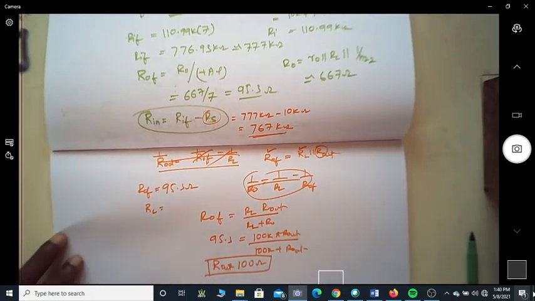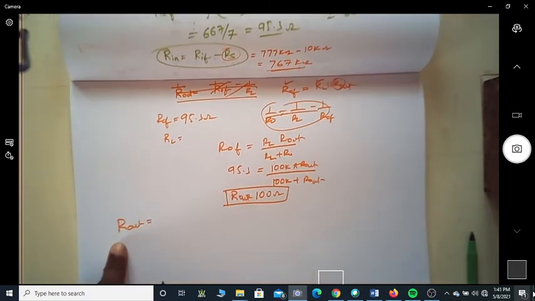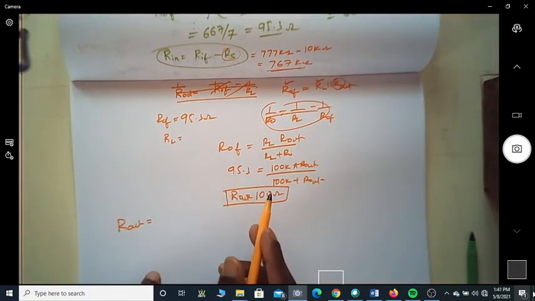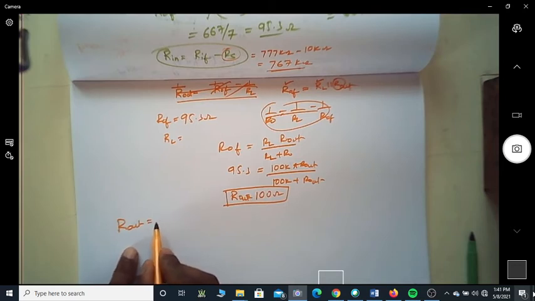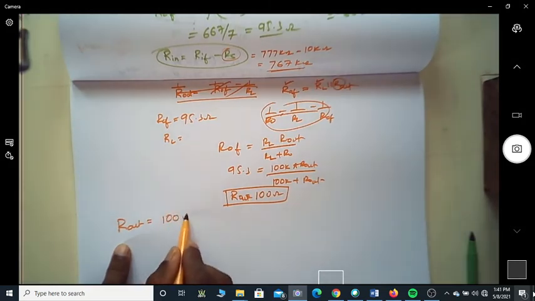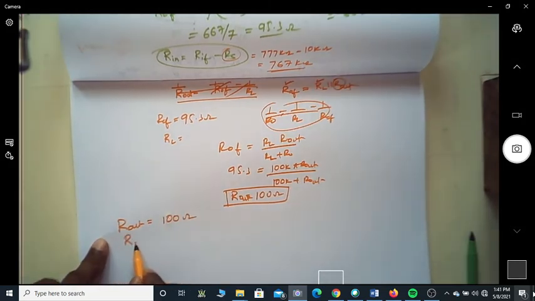So what is this R out? This is the output impedance of the amplifier after feedback without considering the impact of RL. That comes out to be 100 ohm. How about this Rn?